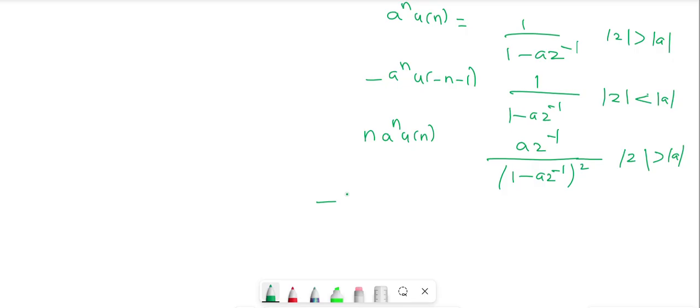Similarly, minus n into a power n into u of minus n minus 1 is a Z inverse by 1 minus a Z inverse whole squared, where the modulus of Z is less than modulus of a.